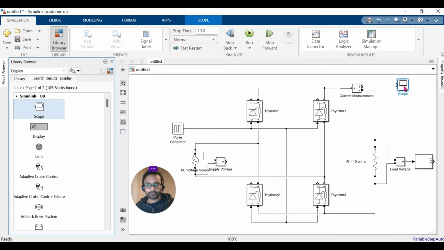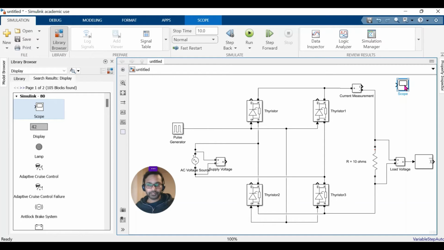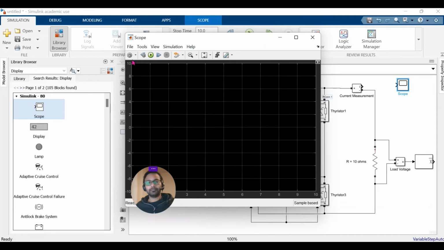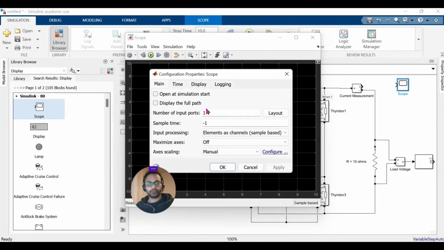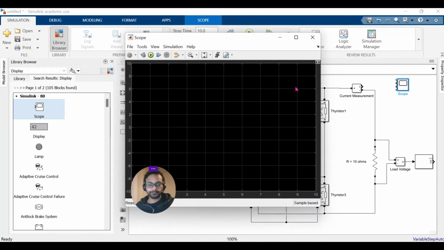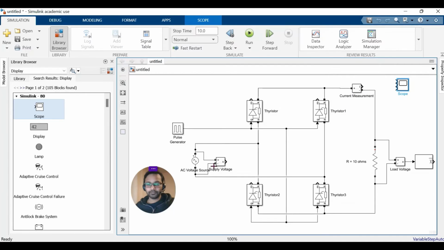Okay, so this scope will again need three inputs. Okay, so let's change the number of input ports to 3. So let's see, this is my current.